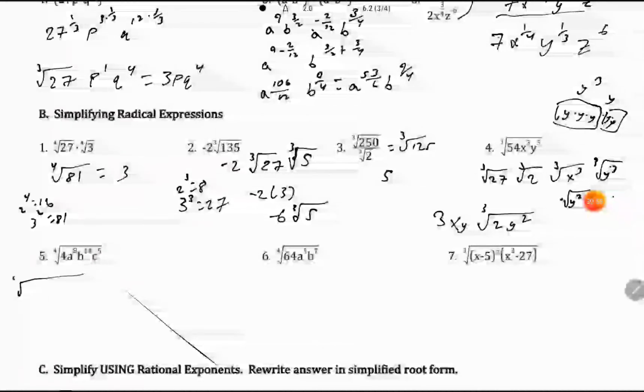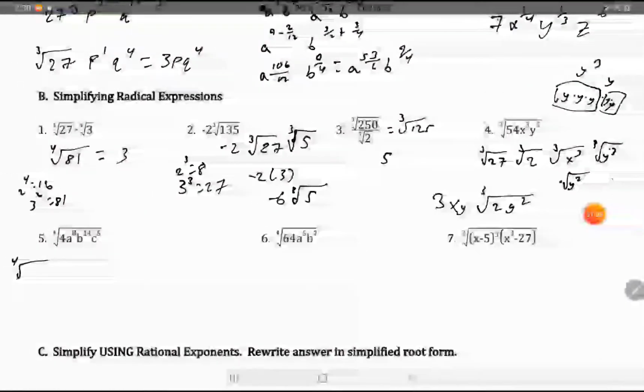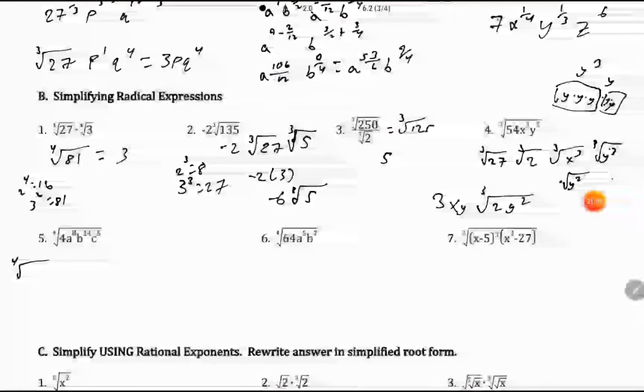Split it all up. This is the 4th root of 4 times the 4th root of a to the 4th times the 4th root of a to the 4th. I mean, one way to look at it. So we're doing 4th root, and we're doing b to the 14.